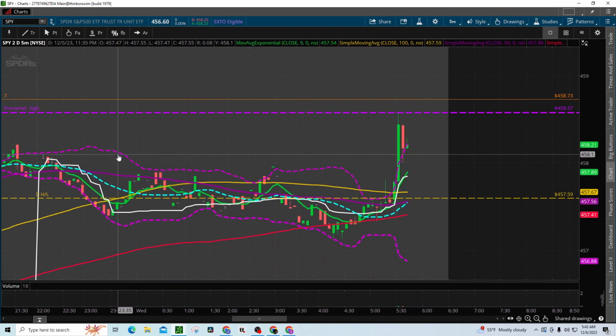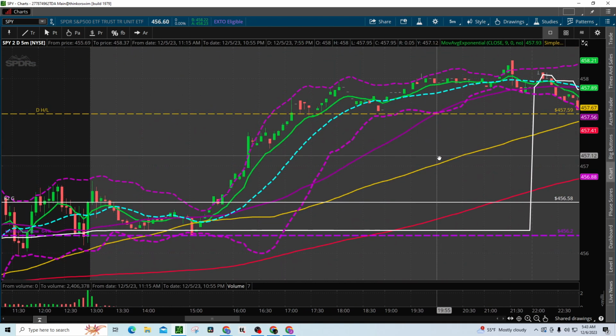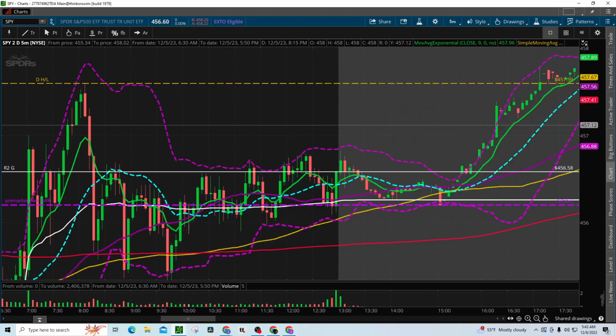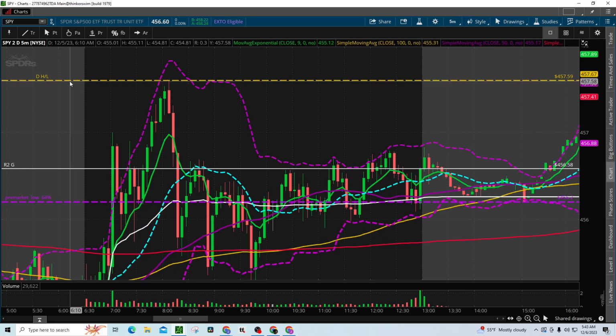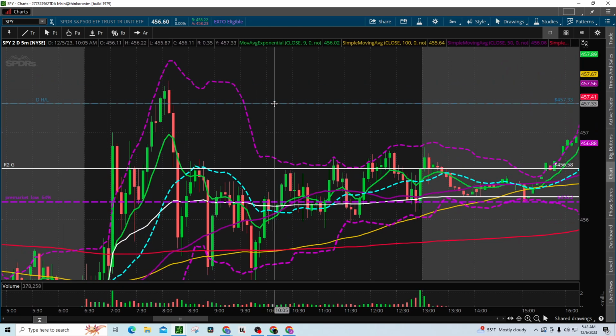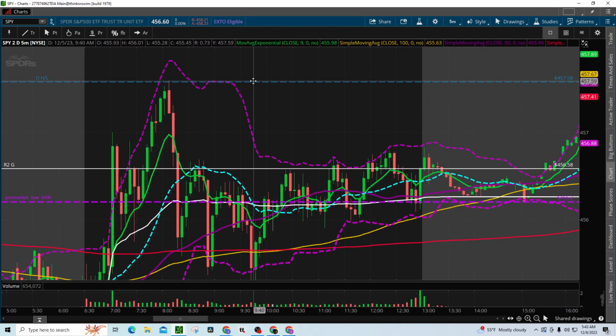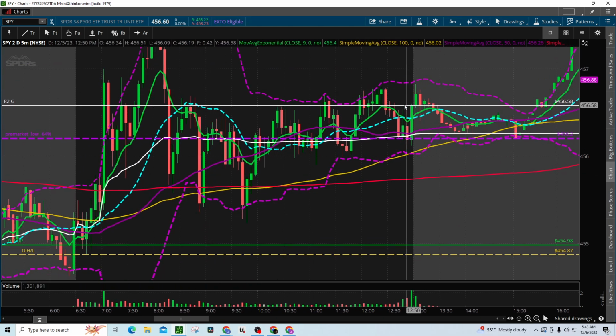So this is the daily high. It's a horizontal line that I adjusted. I want to know where yesterday's high is. I want to know red to green, where it closed yesterday at 1 o'clock or 4 o'clock our time.